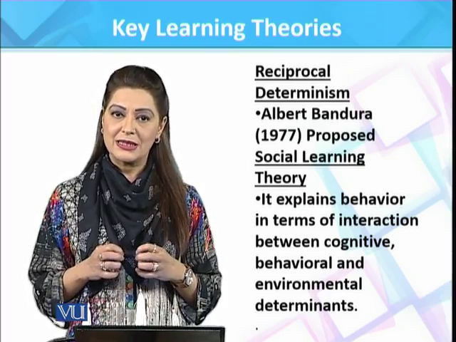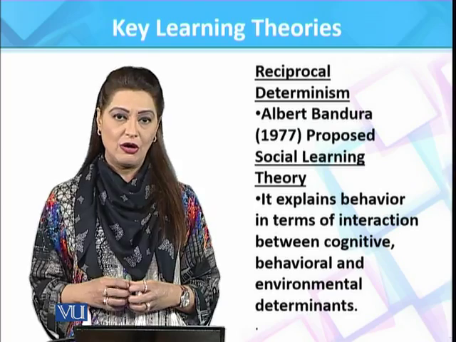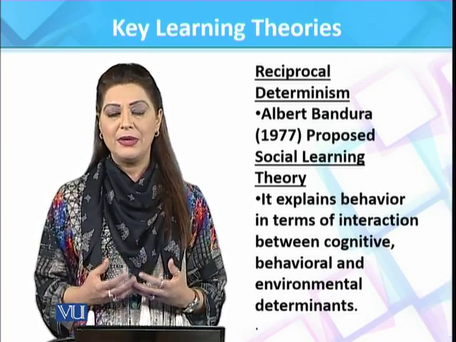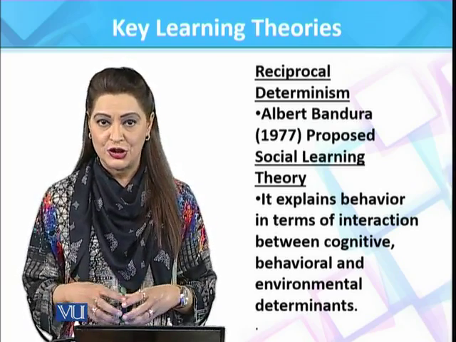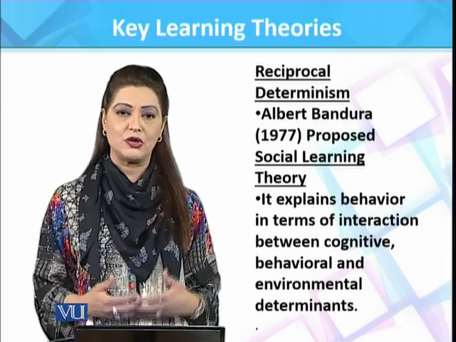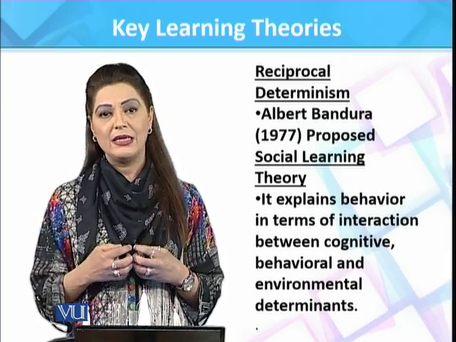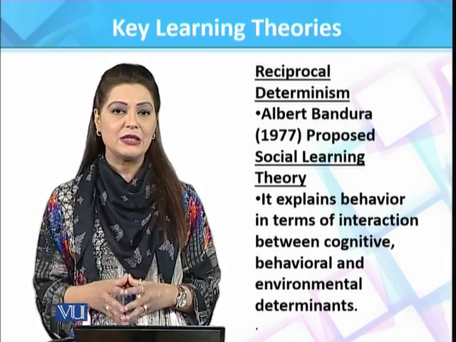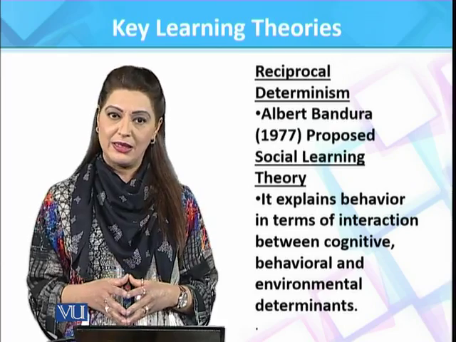So, this theory does take into account the cognitive process of one's ability to develop a behavior in terms of having interaction with the behavioral and environmental factors. So, there are three things that need to be taken care of in understanding this particular theory, which is social learning theory.